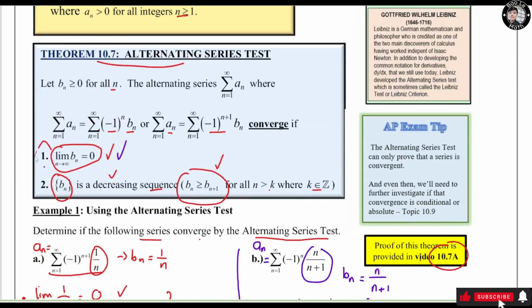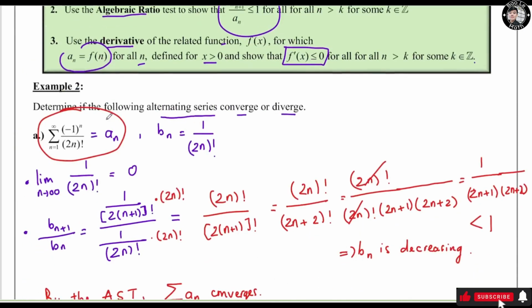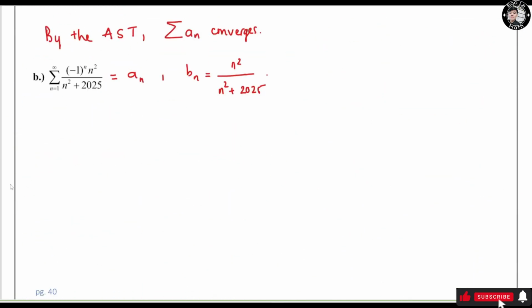So, I'm going to check to see if the limit of b sub n as n approaches infinity equals 0 or not. So I'm going to have the limit of n squared over n squared plus 25 as n approaches infinity.